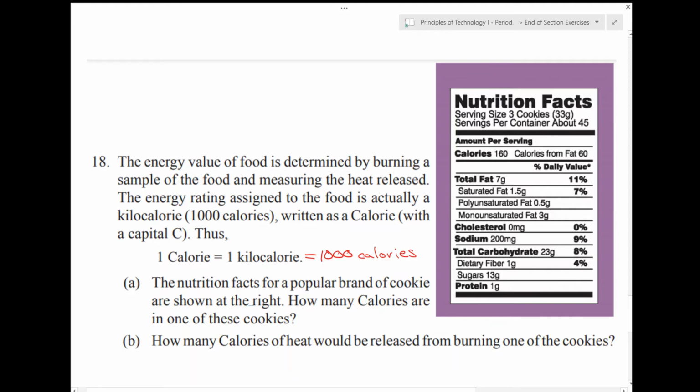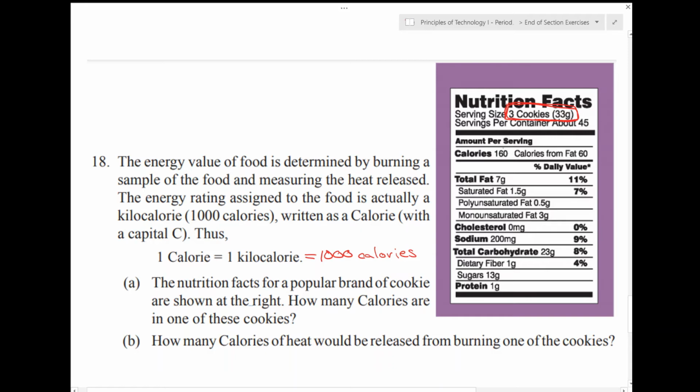Part A of this problem says the nutrition facts for a popular brand of cookie are shown to the right. How many calories are in one of these cookies? Well, food labels are given by serving size. So this particular label says that the serving size of cookies is 3 cookies. So there are 3 cookies per serving.